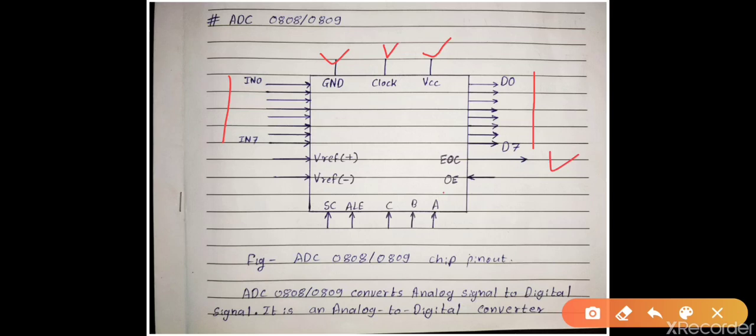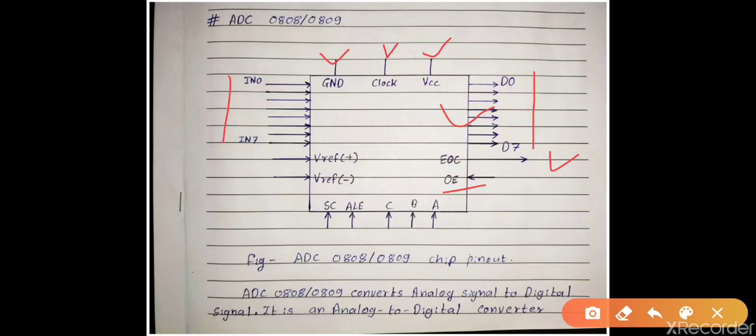Next is OE. This is the output enable pin. When OE is high, ADC sends converted digital data on D0 to D7 pins. Meaning OE sends converted digital data to these D0 to D7 output pins.